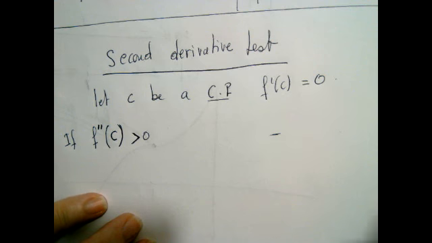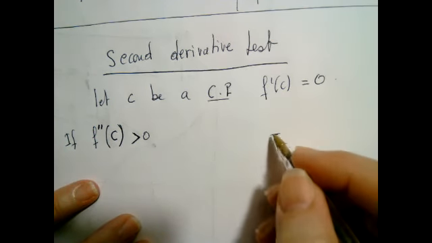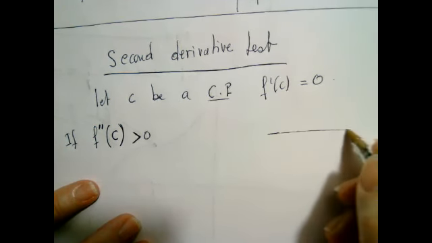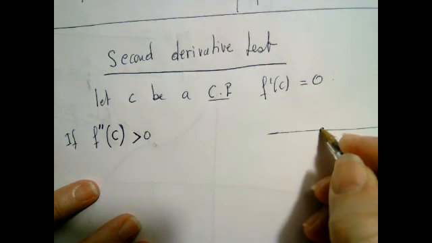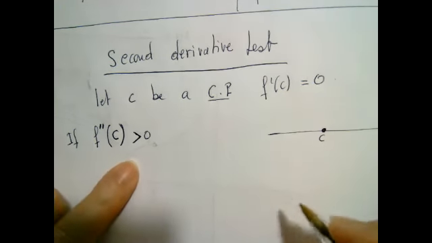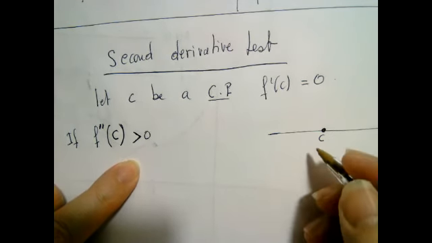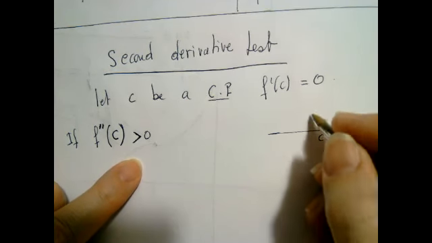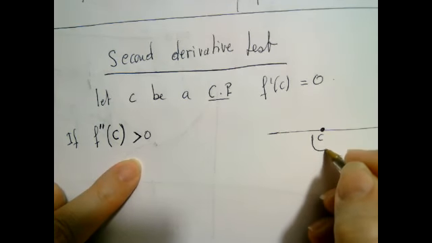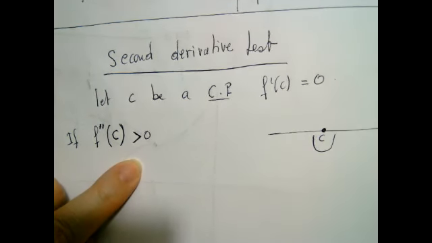All right, let's see. Okay, so this is a point C. If the second derivative is positive right here, it means that the function is concave up right there. That's really what it tells me.